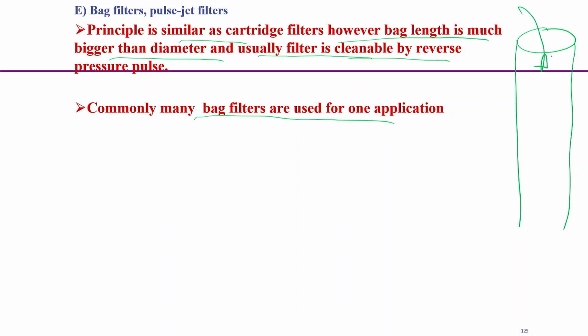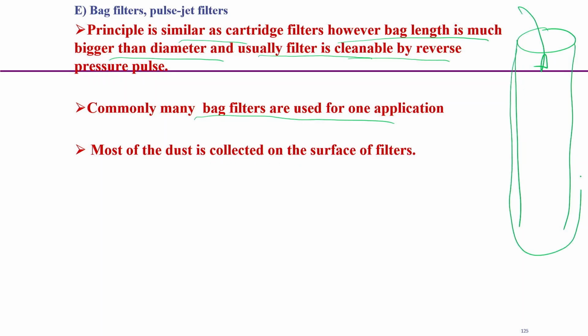So, it is not only one bag. A large number of bags are placed side by side to clean a large quantity of air. Most of the dust is collected on the surface. So, this is the bag, and at the surface the dust particles are collected.